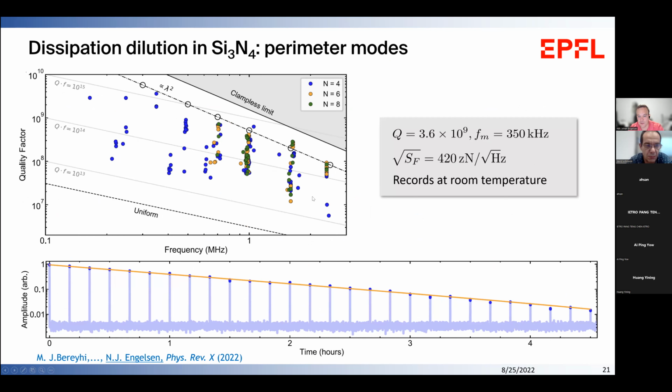It includes most of them, but if there is a big piece of junk, the Q will be very low, like 100,000 instead of 10 to the 9. So yes, it's very important to have very clean fabrication, and certainly if there is visible contamination, it will greatly deteriorate the Q.